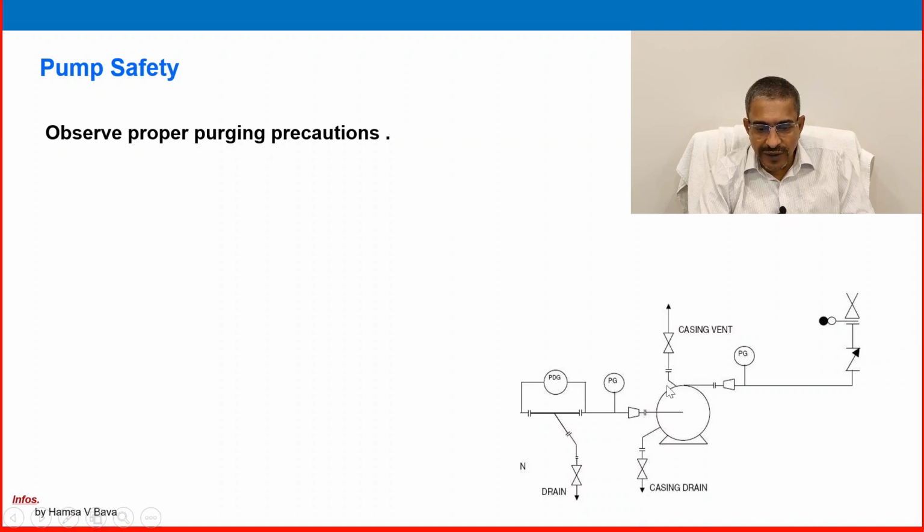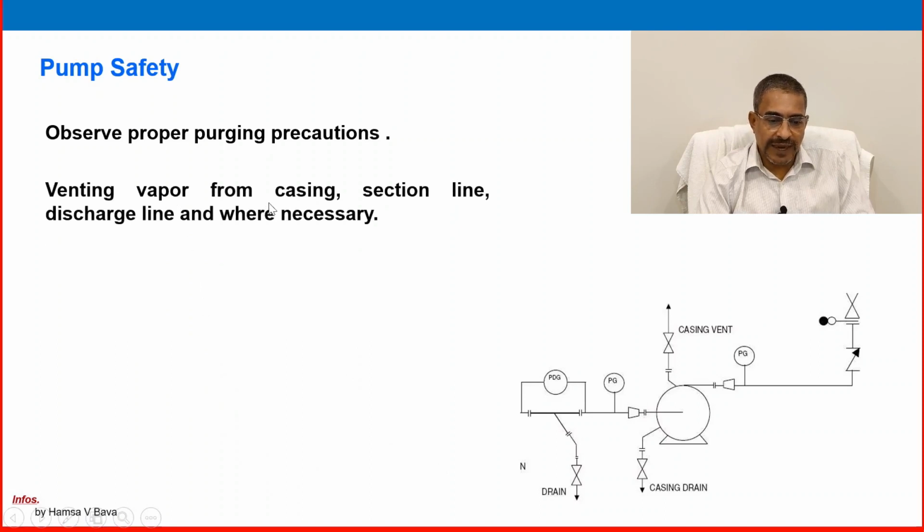You can remove any air or hydrocarbon gases trapped inside the pump casing, the suction side and the discharge side, by slowly venting it, and any unwanted liquids at the bottom of the pump casing we can drain. So this is a very important safety point before starting a centrifugal pump.